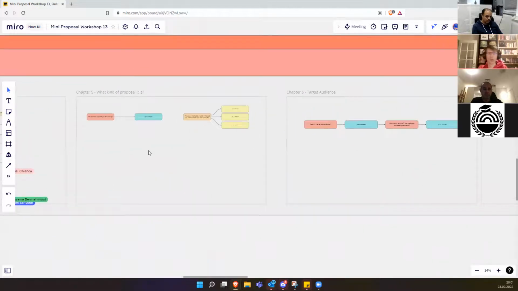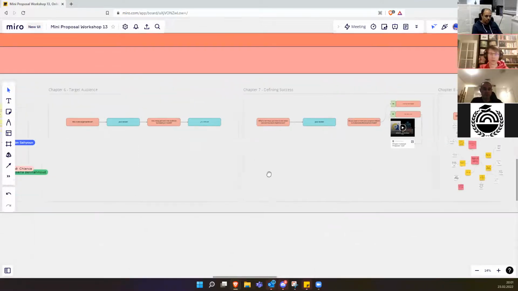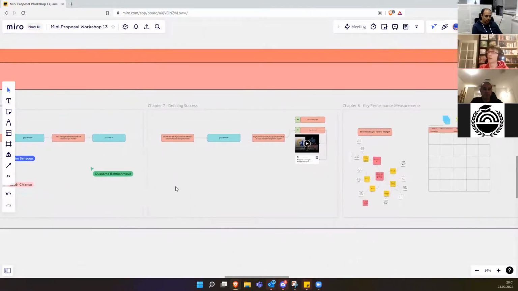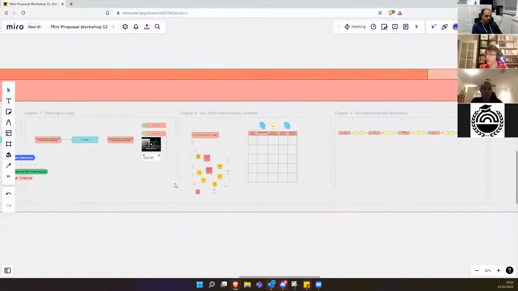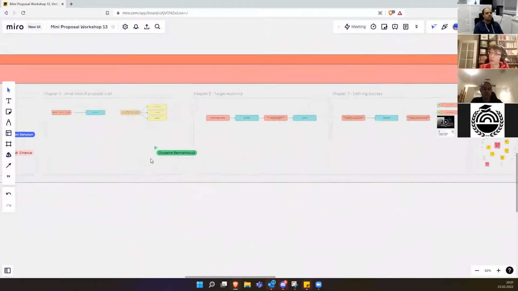This is a research-based proposal. It's meant for the car manufacturers or people who want to put their car model into a blockchain standard, and this is how you could do it. This is a good template for that. You define the success, the KPIs, all of that stuff, like what you see in the rest of the models.